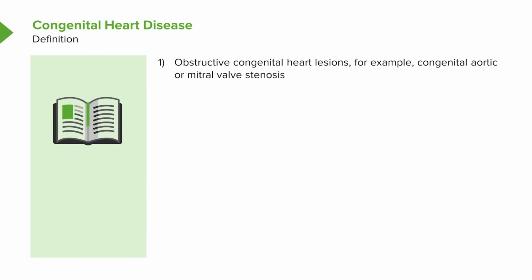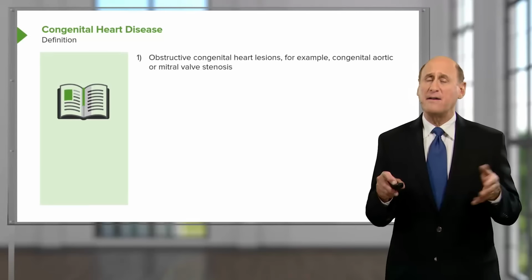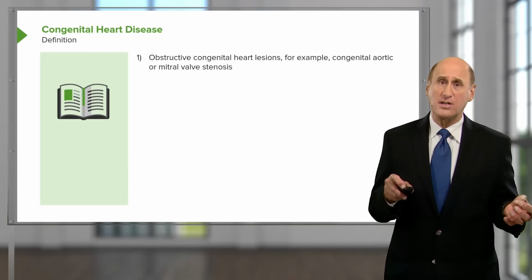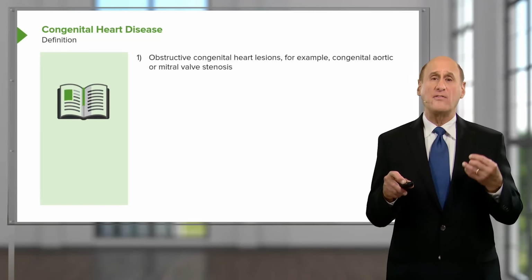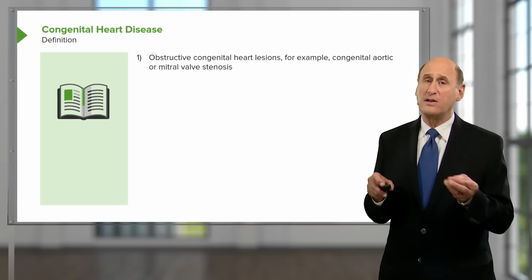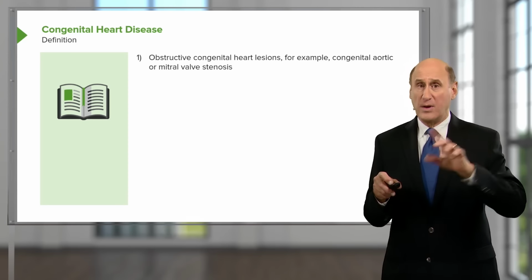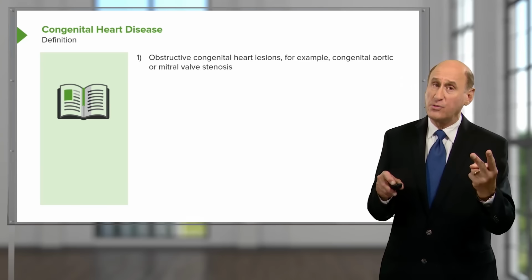So there are a number of different forms of congenital heart disease. One is the obstructive form. For example, one of the valves is stuck, and we're going to talk a little bit about that. We already mentioned in aortic stenosis that the bicuspid aortic valve can become stuck so that instead of having a 3-leaflet aortic valve, you only have a 2-leaflet valve.